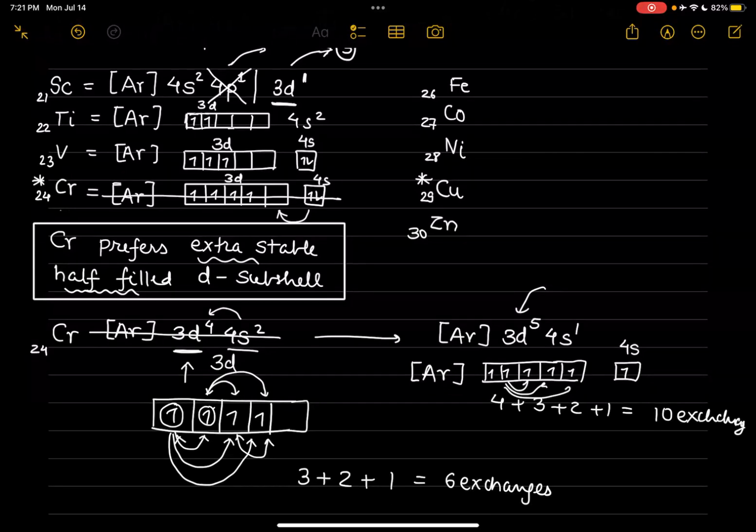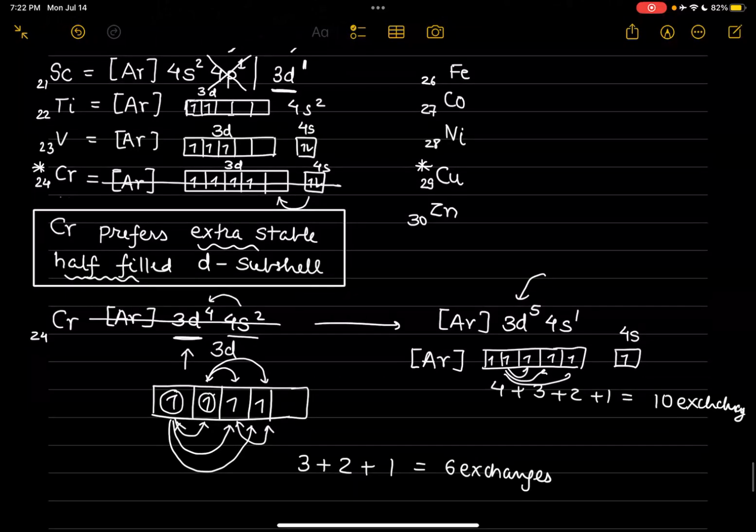If you had just d4, there were 6 exchanges. When you move one electron from 4s to 3d to make it 3d5, there are 10 exchanges. This electron can exchange with 4, this one with 3, this one with 2. So you need to count the number of exchanges. These exchanges release energy and make the electronic configuration more stable.